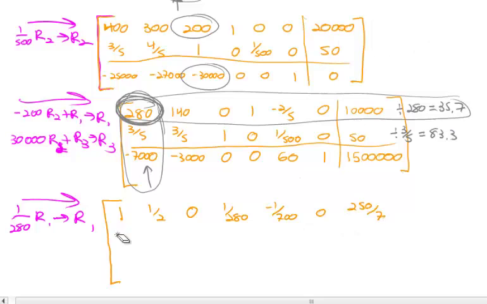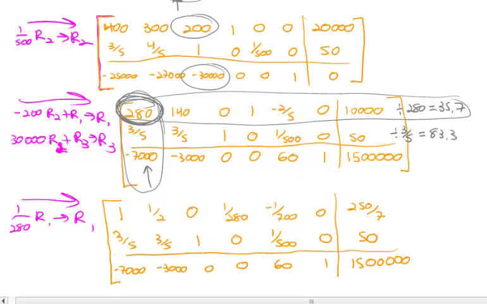The other two rows are unchanged, so we've got 3/5, 3/5, 1, 0, 1 over 500, 0, 50, negative 7,000, negative 3,000, 0, 0, 61, and the 1.5 million. That's 5 zeros. We've got our pivot 1.